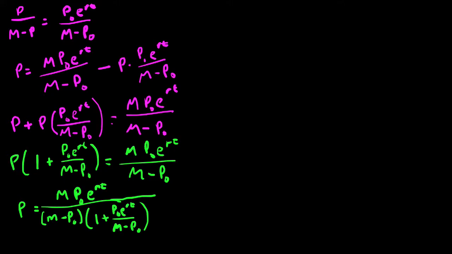But when this distributes through, it's going to cancel out that denominator, and so I get m p naught e to the rt. You can see it's starting to look more and more like what we want.